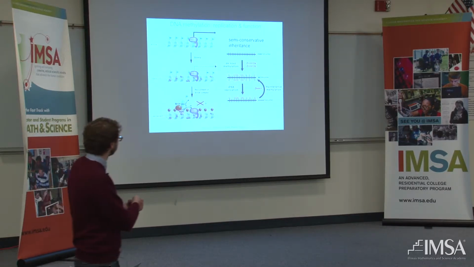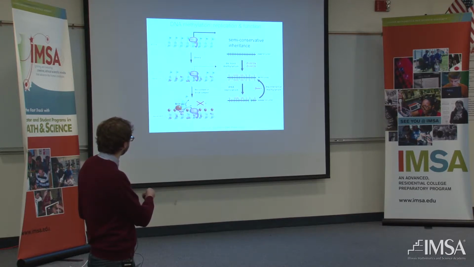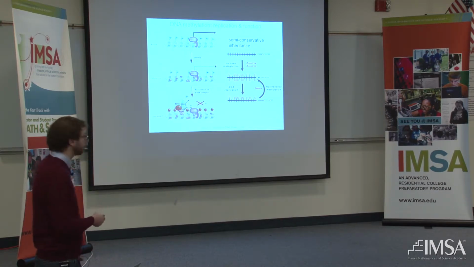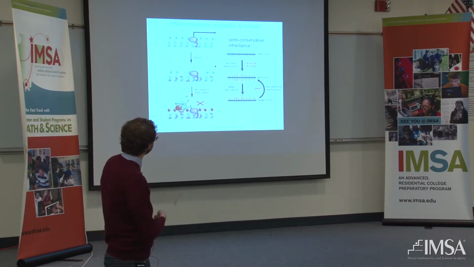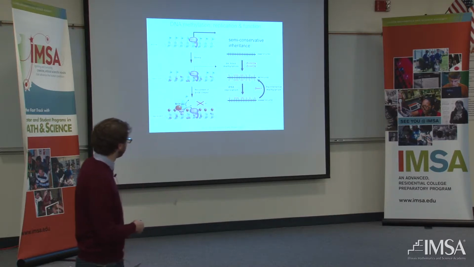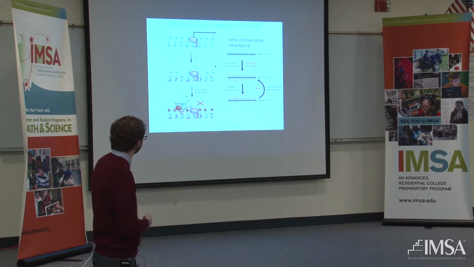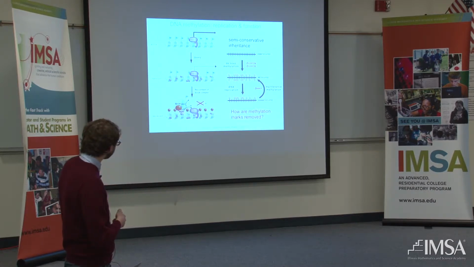This happens in S phase as well, so it's following right after a replication event. And so this is how DNA methylation is maintained through mitosis. It turns out that at least some of it is also maintained through meiosis. So you can inherit your methylation patterns from your parents in interesting ways that hopefully we'll get a chance to talk a little bit about.